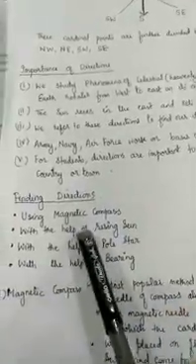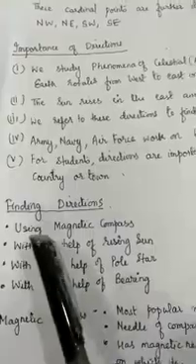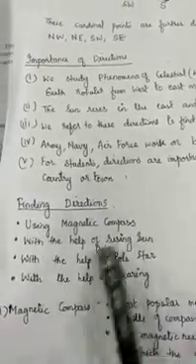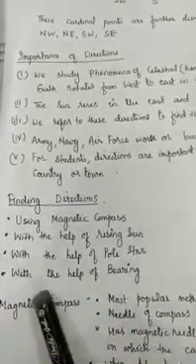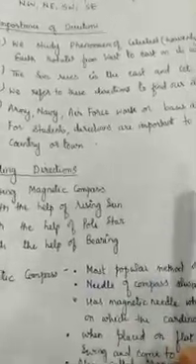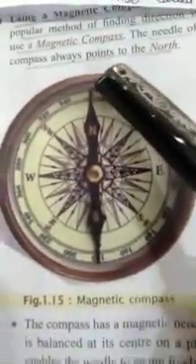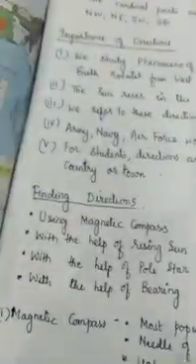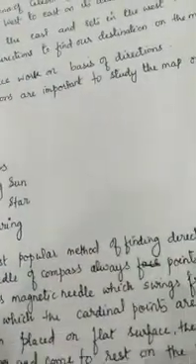Now finding directions. There are four ways of finding direction: using magnetic compass, with the help of rising sun, with the help of pole star, with the help of bearing. Okay, now what is the magnetic compass? I'll show you a magnetic compass. This is called the compass. You can see, this is the most popular method of finding the direction.